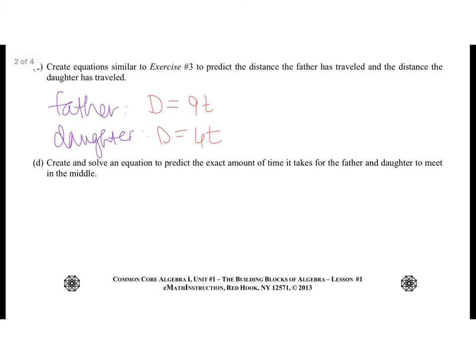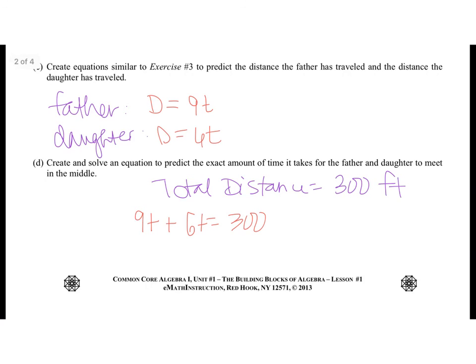Well, we know that the total distance has to be 300 feet. So we know that for the father's 9t plus the daughter's distance equation, 6t, if you add them, they should equal 300. So now we need to combine like terms.